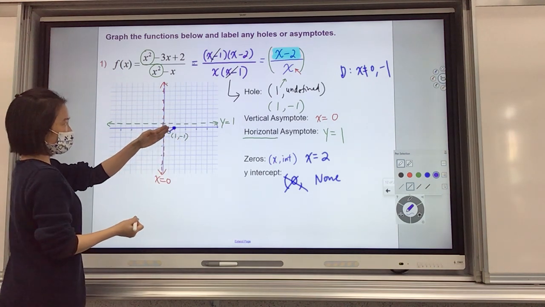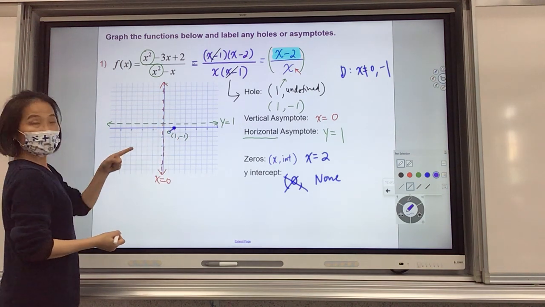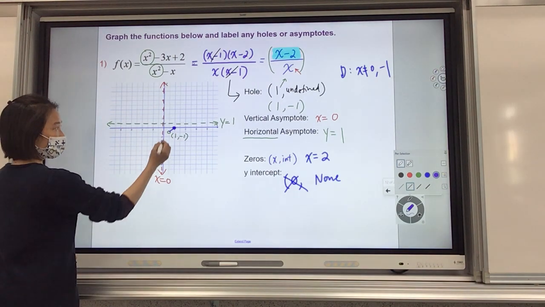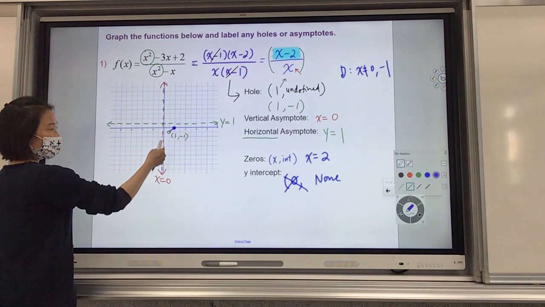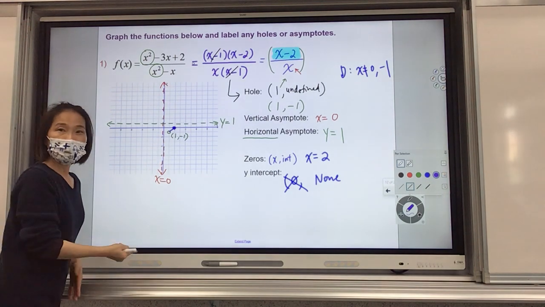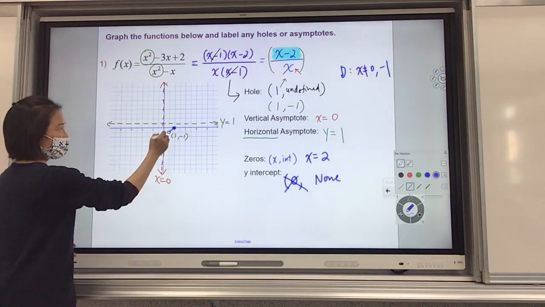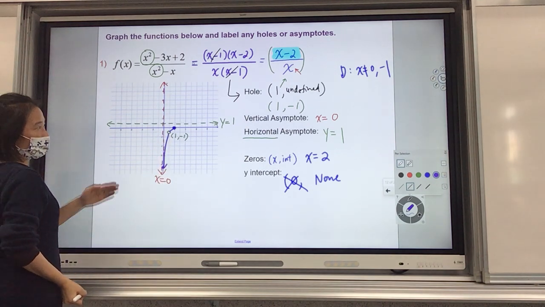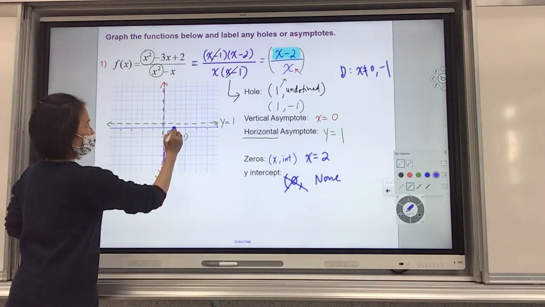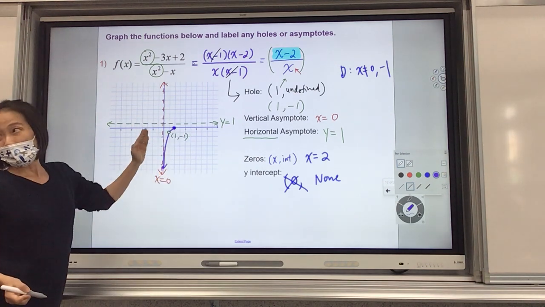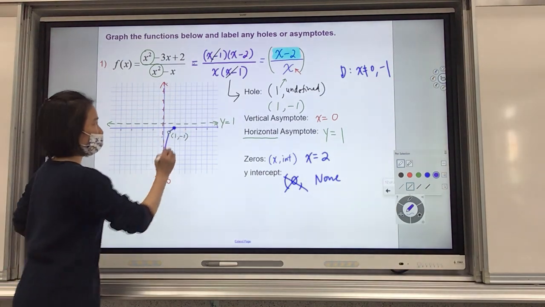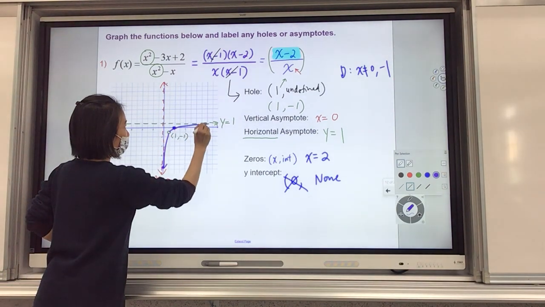And based on how it flows, the behavior near the vertical asymptote should be either go down to negative infinity or go up. So I know it's going to go down. On the right, you should approach the horizontal asymptote. So you should just be hovering under it. Okay?